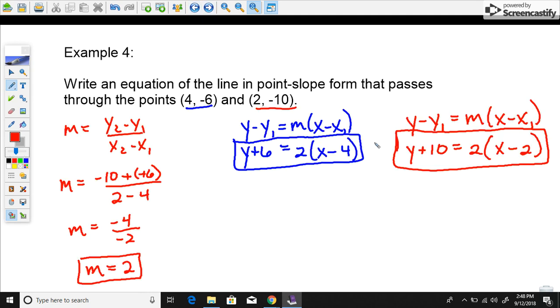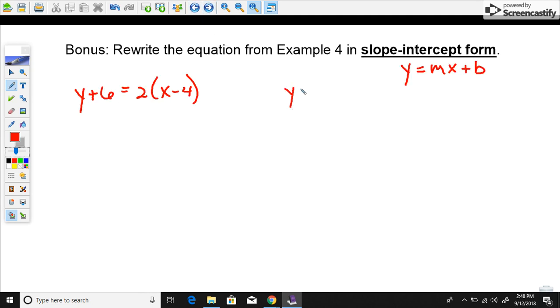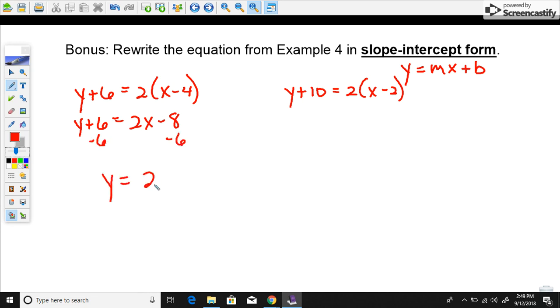And we're going to take the other one using the other point, y plus 10 equals 2 times x minus 2. And we're going to rewrite them in slope intercept. All that really means is that we're getting y by itself. So to start, we have to use distributive property. Now we need to get y by itself by subtracting this 6. And we'll get y equals 2x minus 14.